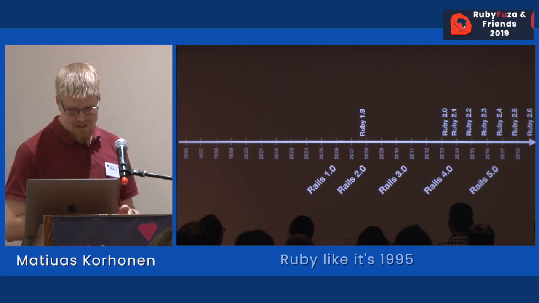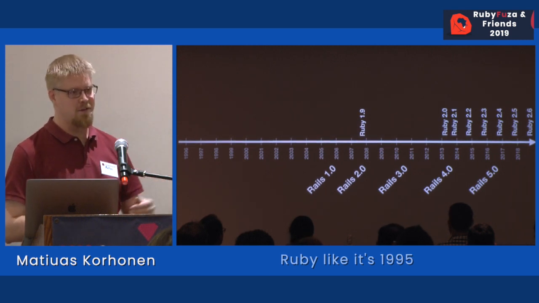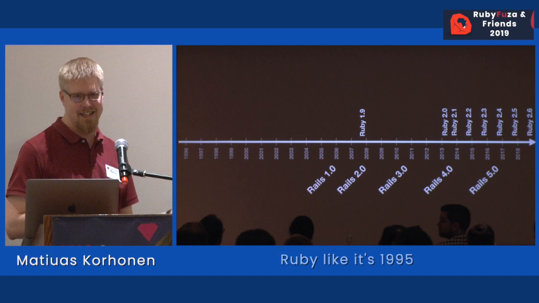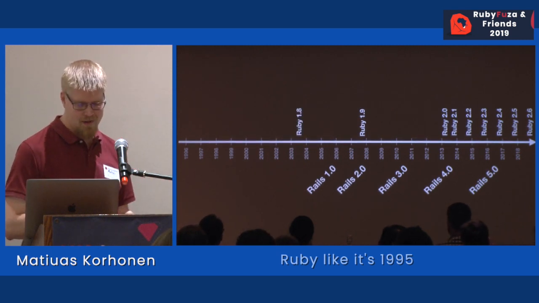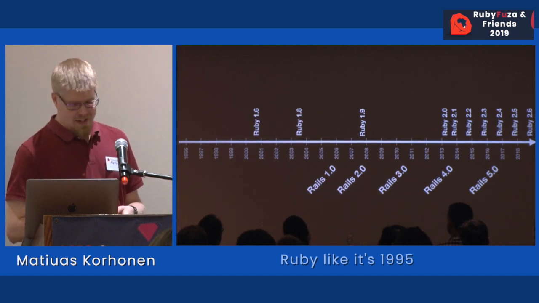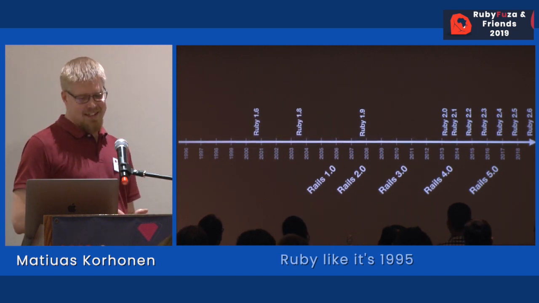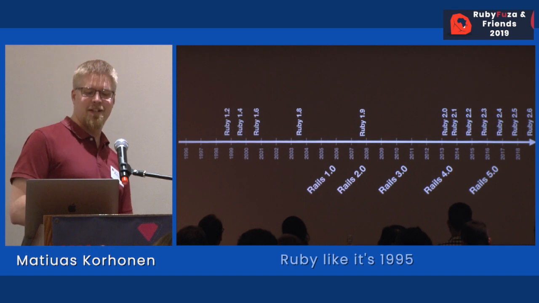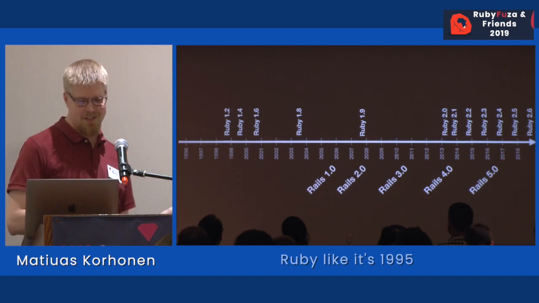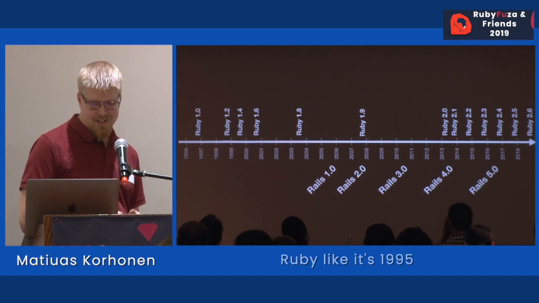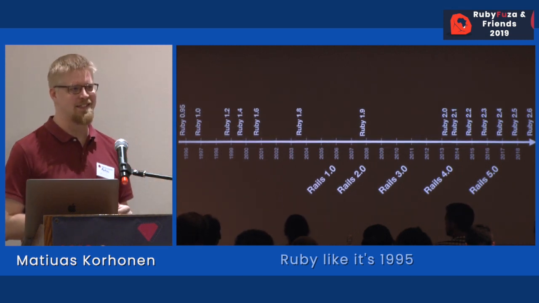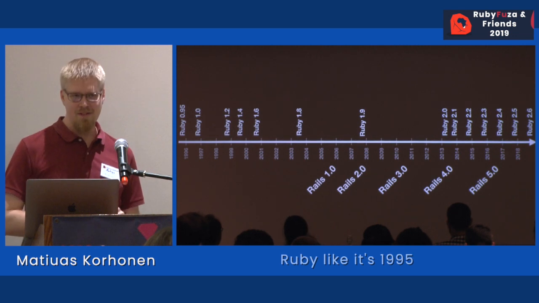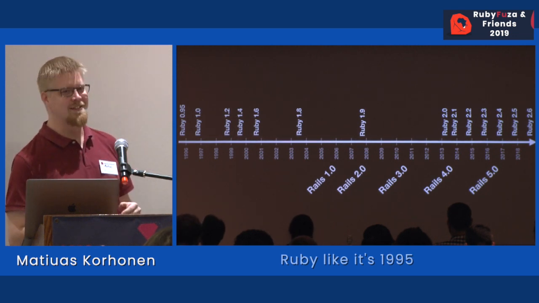Rails 1 in 2005, the very first version of Rails. That's 10 years after the first version of Ruby. Ruby 1.8 came out in 2003. In 2000 we get 1.6. 1999, 1.4, 98, 1.2, 96, 1.0, and then right there at the edge, Ruby 0.95. I think that makes it 24 years in total.